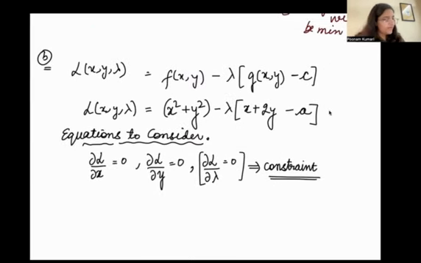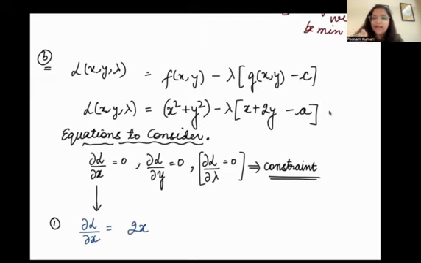So let's do that. If I have to differentiate this with respect to x, what do I get? What is the derivative of x squared? 2x. y square will be treated as a constant. Lambda is a constant.